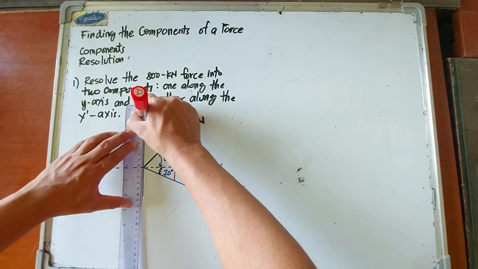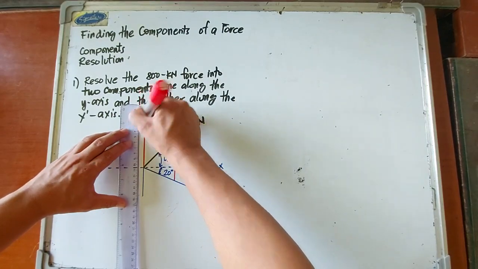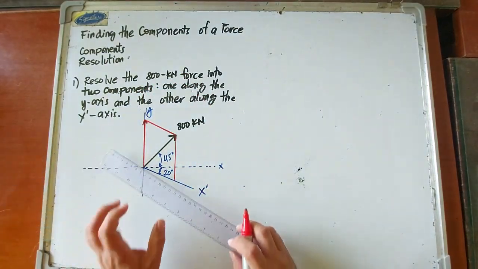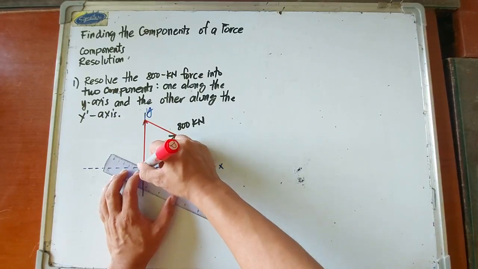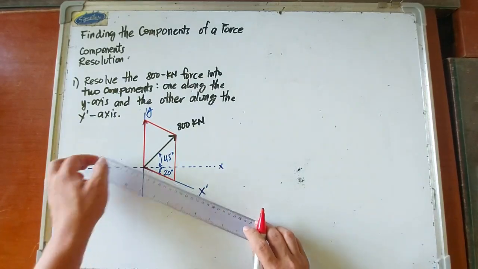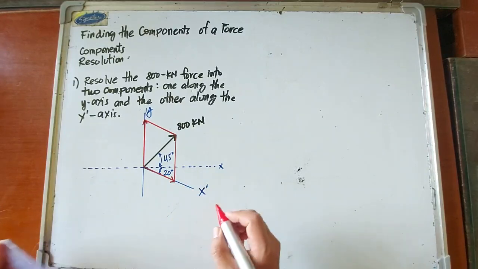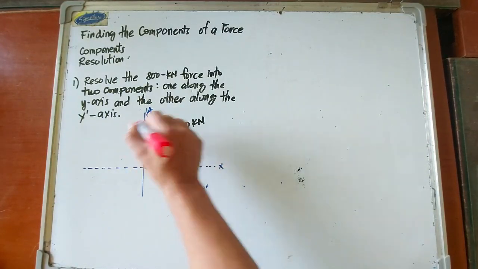So ito na yung ating component along y axis, and this is our component along the x prime axis.